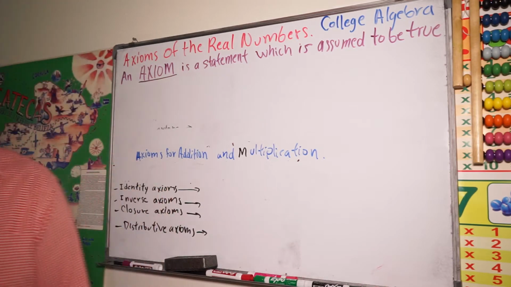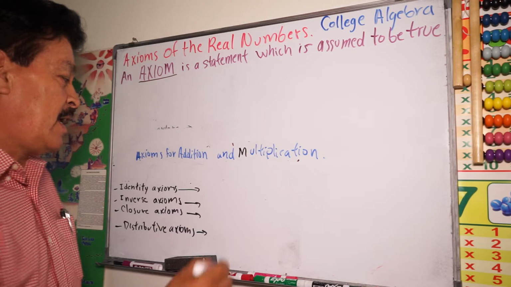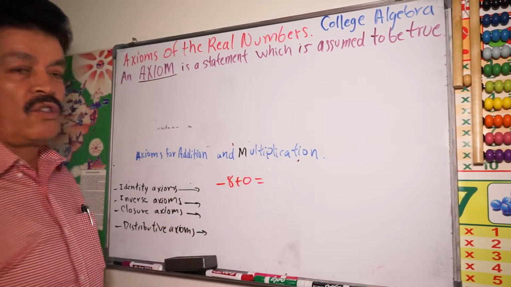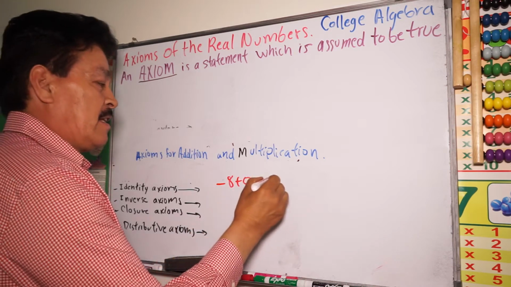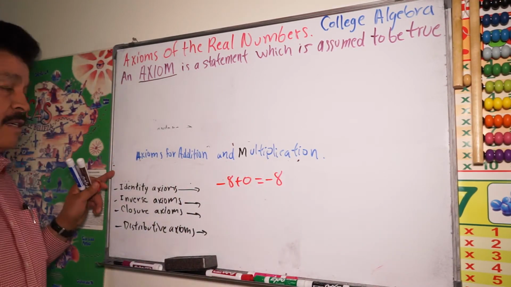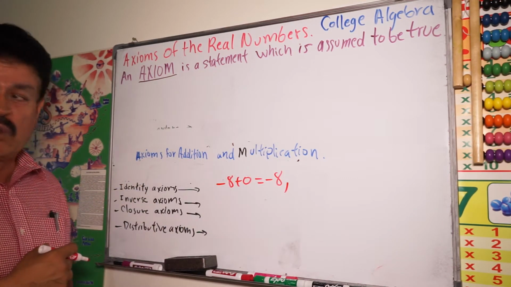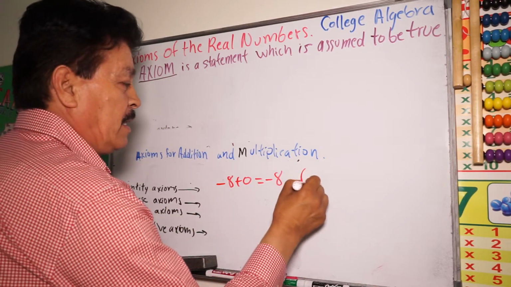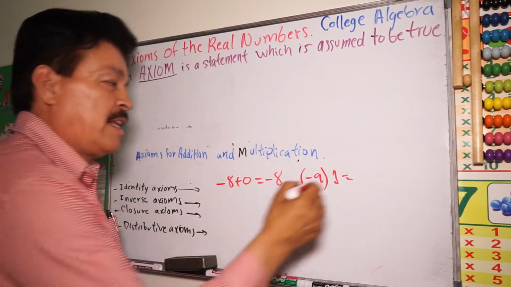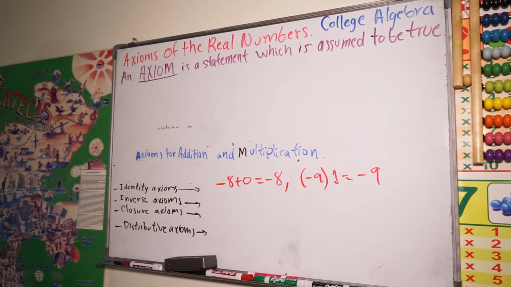For example, when you write -8 plus 0, it's going to equal -8. Another example that shows this rule is -9 times 1 equals -9. It's another example showing the identity axiom.